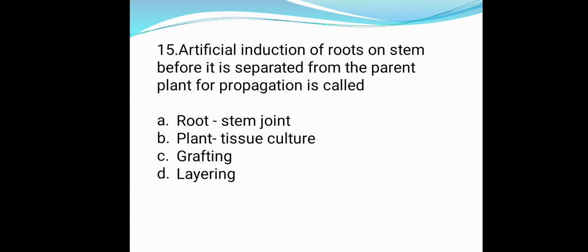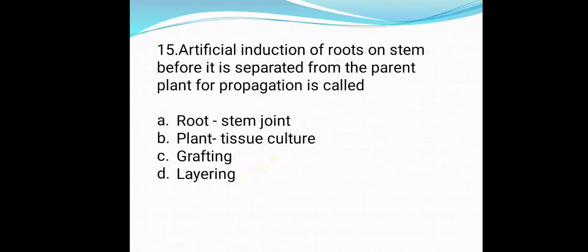So the answer is D option, that is layering. We have studied this artificial method of vegetative propagation. In layering, roots are artificially induced on the stem before it is separated from the parent plant. So this technique is called layering.